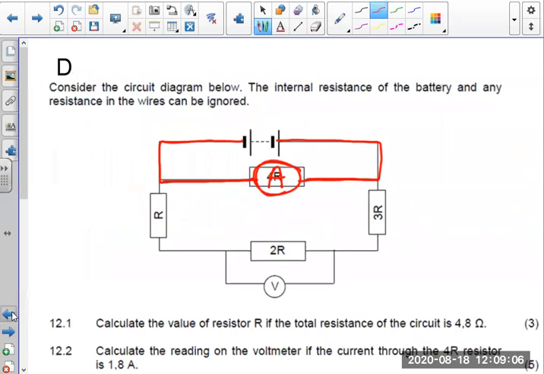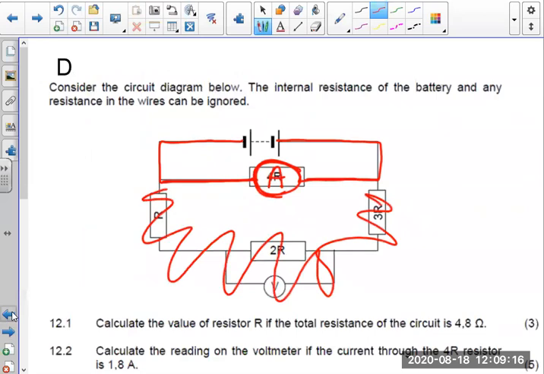Why? Because current follows the easier route. So if I don't put in any resistance here, all the current is going to go through there, and it shortcuts this. So no current is going to go through the 2R. Okay, so this is what we're going to give. Actually, the voltmeter reading is going to decrease, and we'll have a reading at the end of 0.